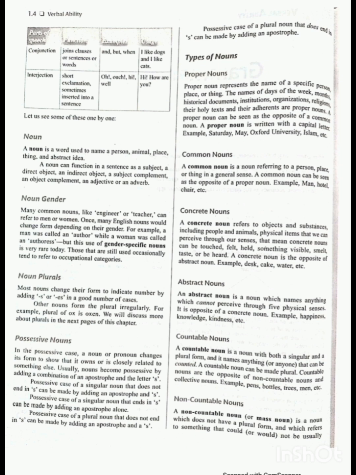The second would be noun plurals. When we talk of singular and plural, we say a pen, and for plural, pens. So when the s is added after a noun, it becomes pens. Book, books. Then we have the possessive noun.